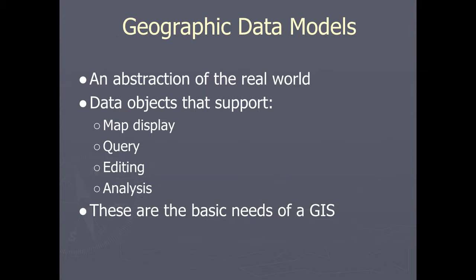These geographic data models are data objects that support map display, query, editing, and analysis. If you think about it, these are some of the basic things that we do with the GIS. We make maps, we query and analyze our data, we edit our data. So our geographic information, the data that we use, has to support these kinds of things.